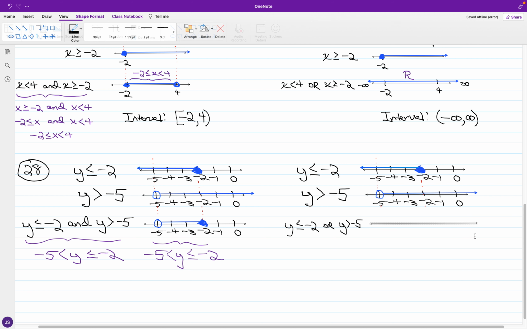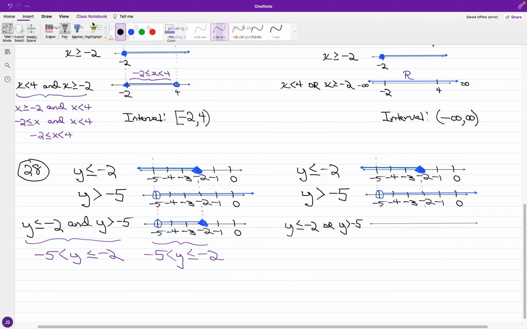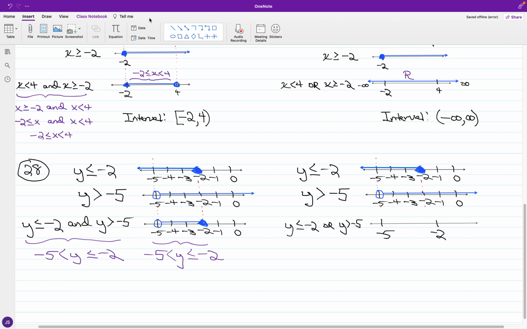It looks like we'll have partial history to repeat. It's got -5, again, -2. And we have everything to the right of -2 this time around, and values from -5 on down will also be in the mix.